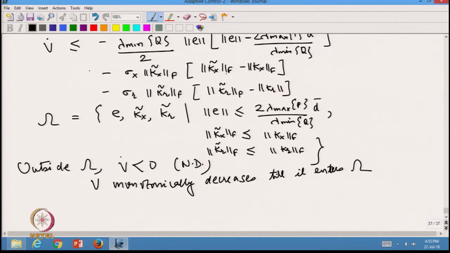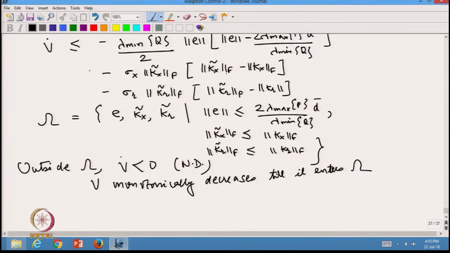Inside this set of course the error states are bounded, and outside this set, since V is positive and V dot is less than 0, V is bounded and E, kx tilde and kr tilde are also bounded.